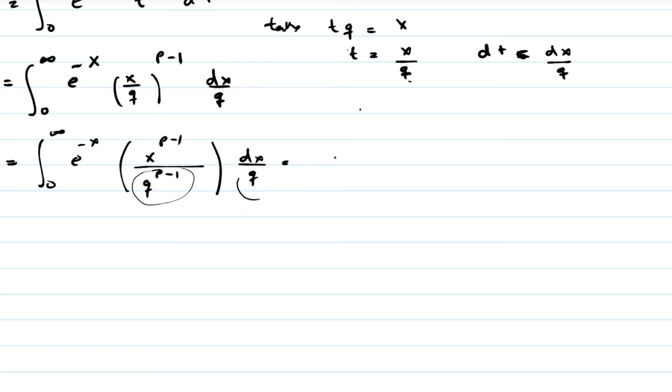So this is going to become 1 divided by q raised to p minus 1, which was this one here, plus 1 now from this q here. All of this comes outside. We're going to have here 0 to infinity of e raised to minus x. Now this is no longer here, we only have this part here, x raised to p minus 1, and then all of this is dx.